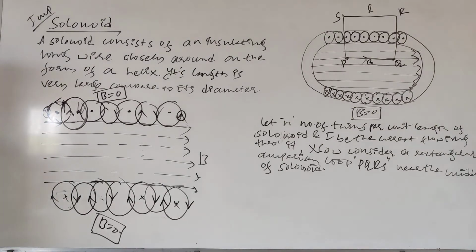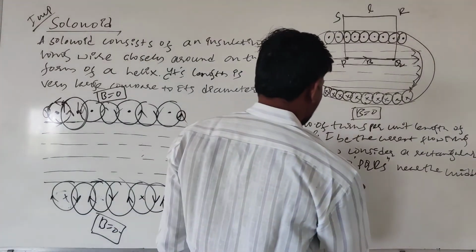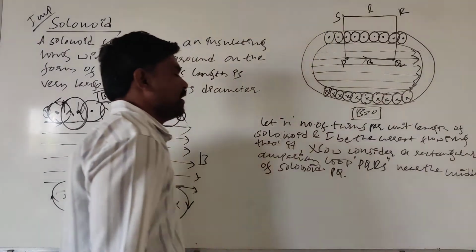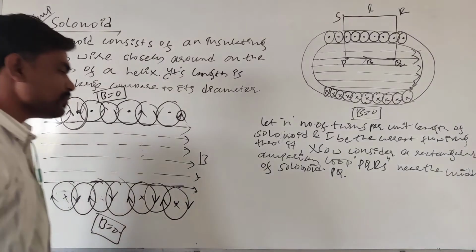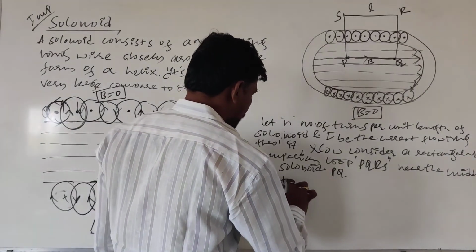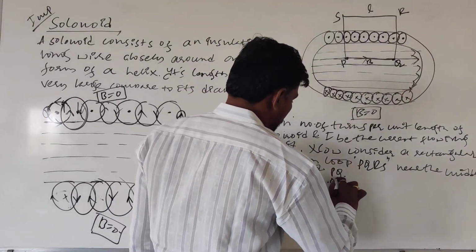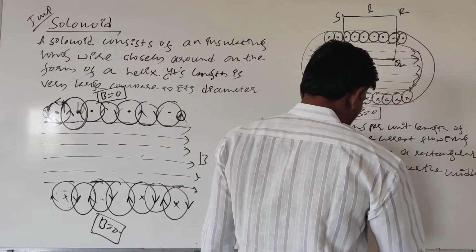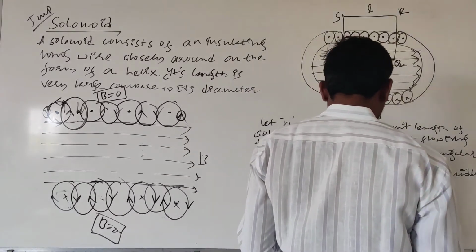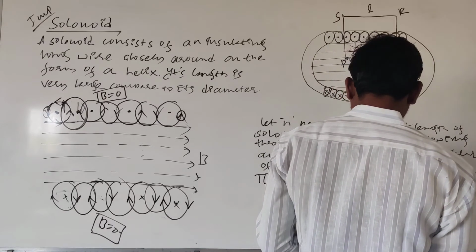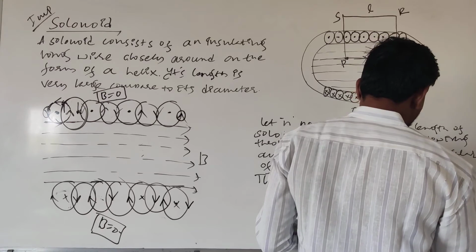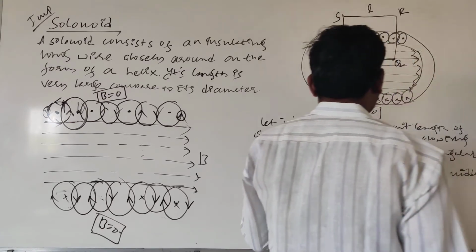Taking PQ at the center. So after this, note the total number of turns in length L. Right? L is the length.